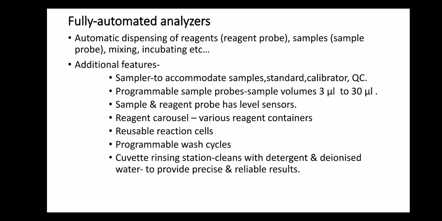And reusable reaction cells will be there. Then programmable wash cycle. I told you the washing, why it is important, so that is programmable. Then there is a cuvette rinsing station. Detergent and deionized water are used for cleaning the cuvette to provide precise and reliable results.